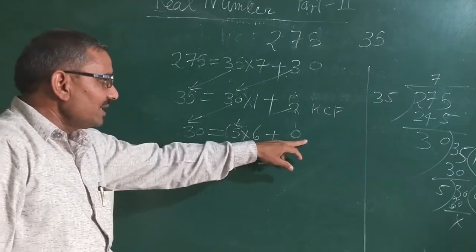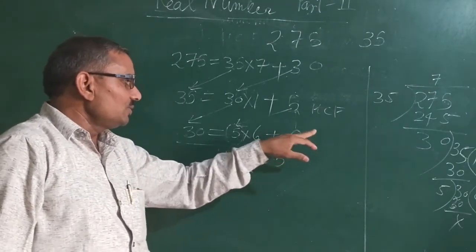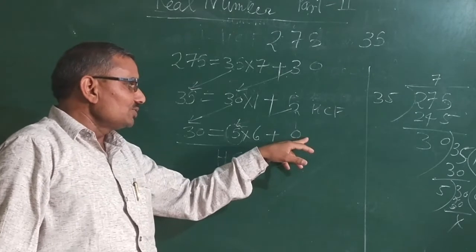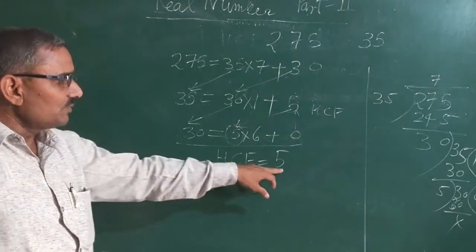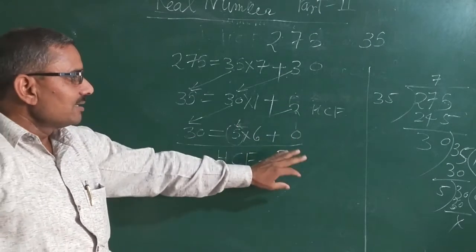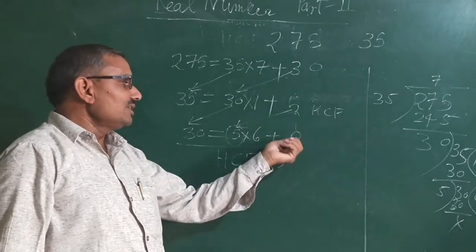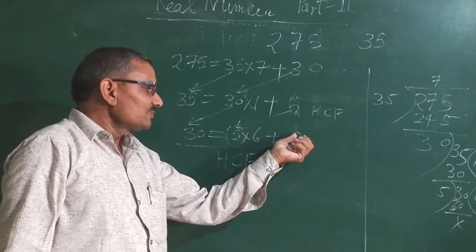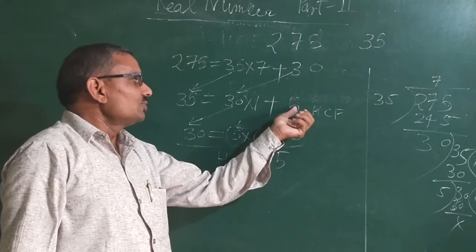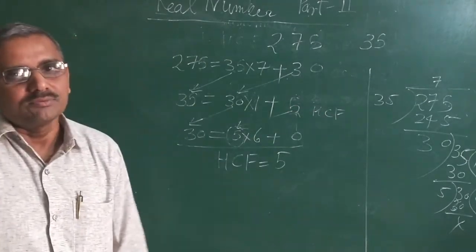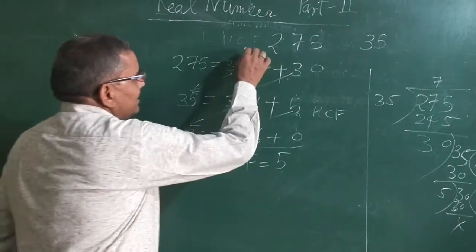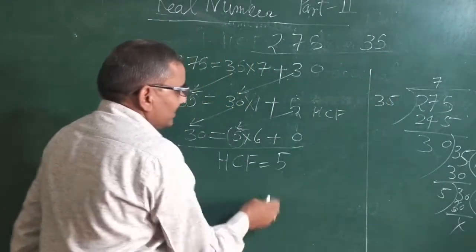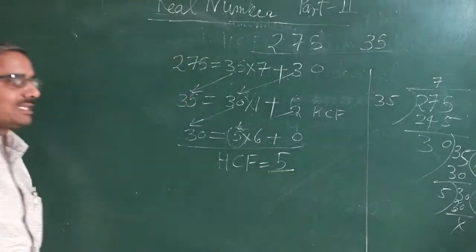The step at which the remainder becomes 0, the value of B will play the role of HCF. Or, to remove confusion, the remainder just above the 0 will also be the HCF. Now our aim is to correlate these two numbers with this HCF.